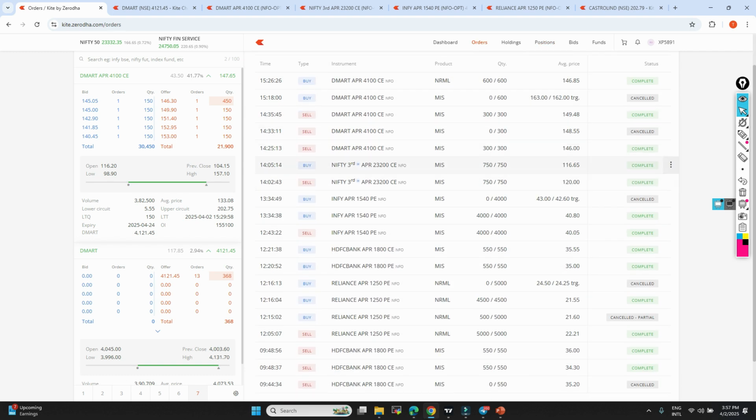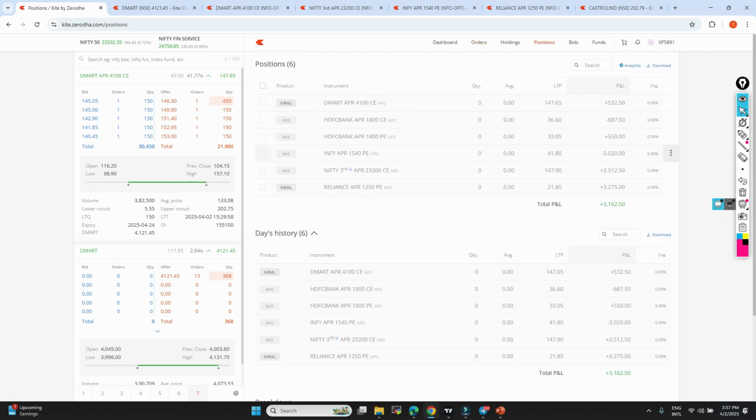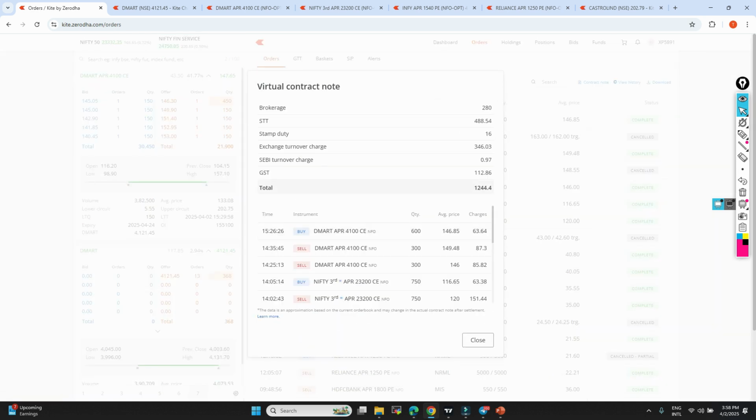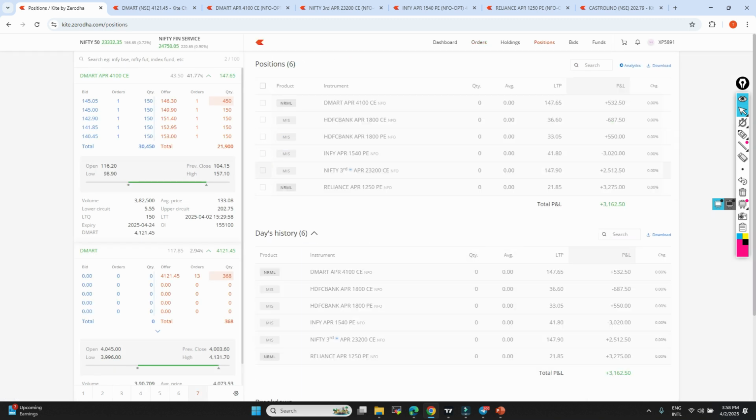For the DMart, 4 5 points, 120 and 116, because if I am not recovering my loss, the charges are also going to be a burden. Today I had so many trades. I had charges of more than 1,000 rupees. These charges I wanted to recover. For that, once again I attempted in DMart, but I couldn't capitalize on it.